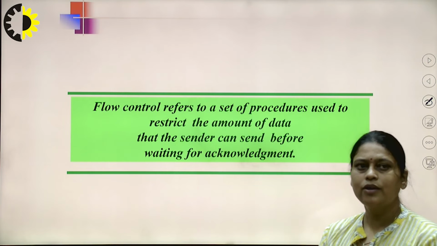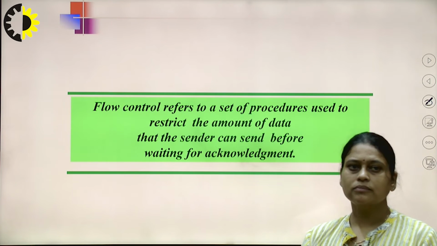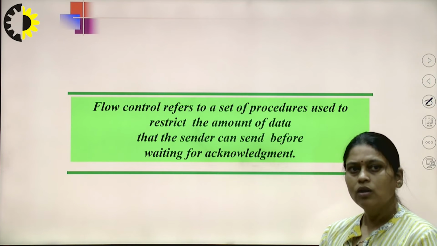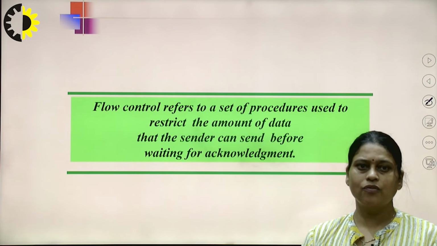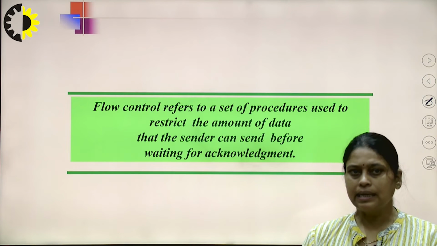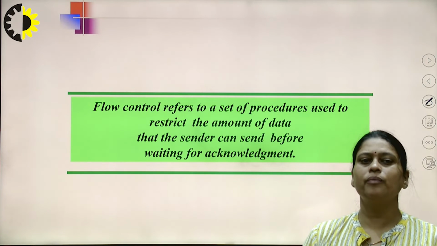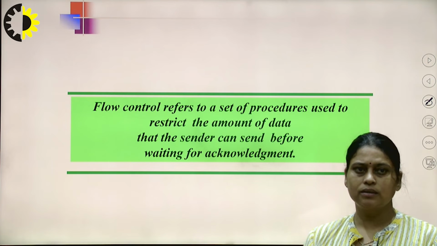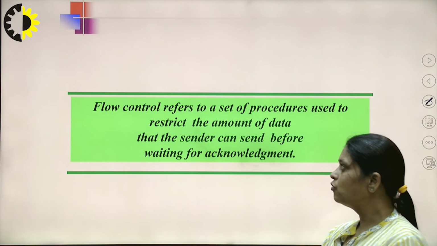So, what is flow control? Flow control refers to a set of procedures used to restrict the amount of data that the sender can send before waiting for an acknowledgement. What is the meaning of this?